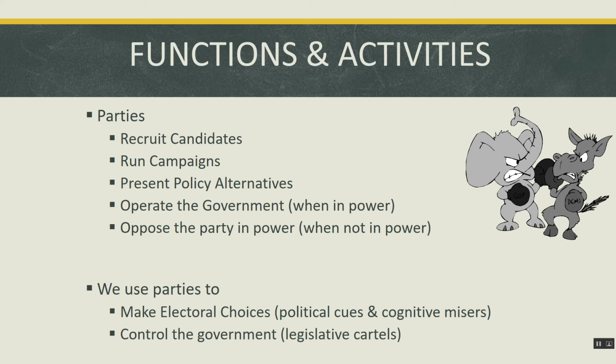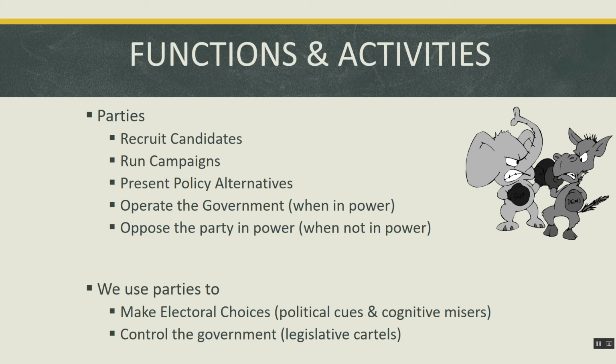If a candidate runs as a Republican, you know that they're probably going to adopt the conservative position on most issues. If they run as Democrat, you know that they're probably going to adopt liberal positions on most issues. This isn't a perfect system, but it's definitely better than simply casting blind ballots, which is what a lot of us would have to do without political parties, because we're just very low information voters.